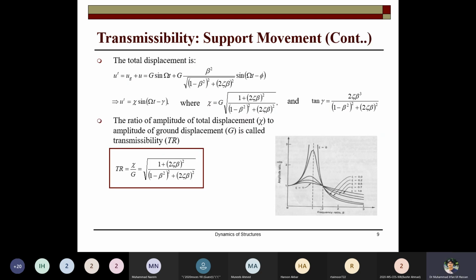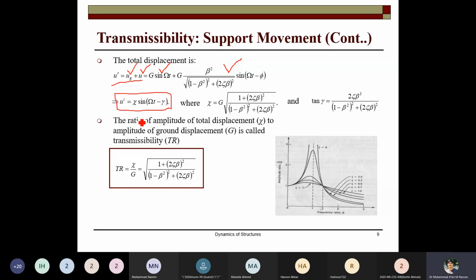When any load is acting on the system, the total displacement in case of the ground motion will be UG, the ground movement, plus the regular displacement. So the ground movement is this one plus the other response of the system. So you will sum that to get the total displacement. That can also be written in this form.